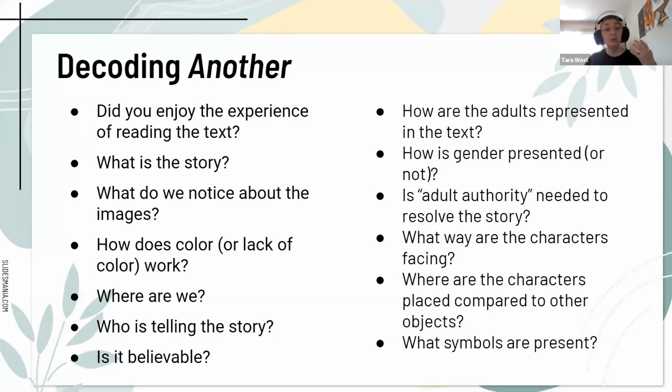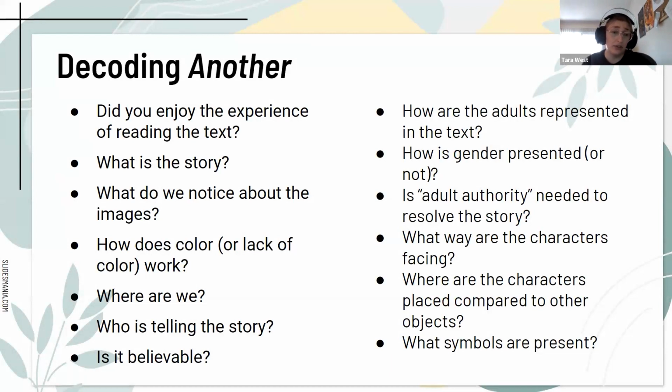To give you more constructive things to help you with decoding Another, I have some questions that are listed. You do not have to answer all of them. If you want to focus on the 4 questions at the beginning because those make sense to you, that's fine. These questions are here just to give you some different questions to take apart the novel.